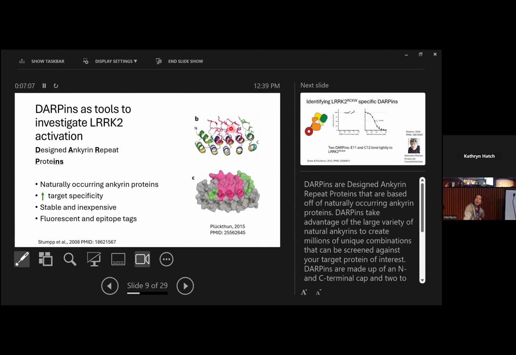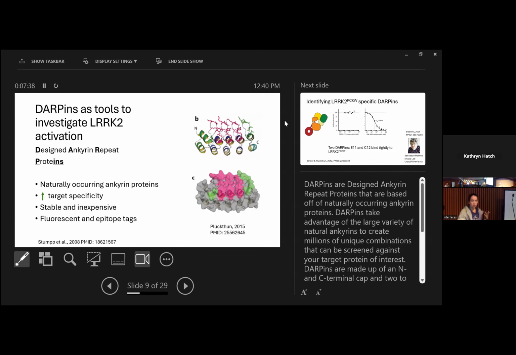You can have many different DARPins that have high specificity, and you can screen the library for your specific protein. They're very stable and they're inexpensive. You can add fluorescent tags and epitope tags for different microscopy and biochemistry assays.